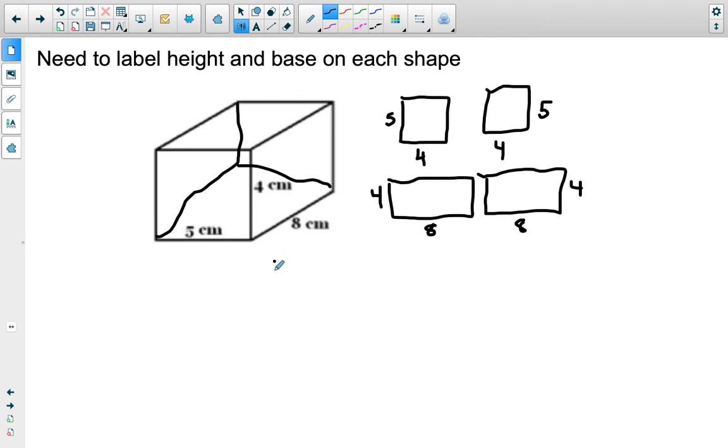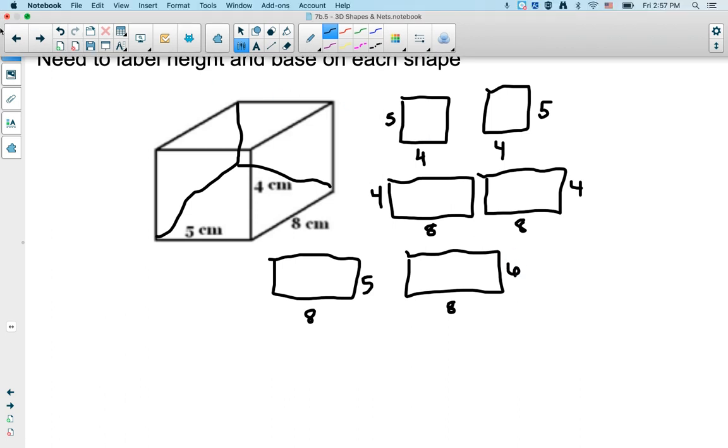So draw 2 more rectangles. Each one is 8 by 5. And those are all the shapes that make up this rectangular prism. I'm getting my words mixed up.